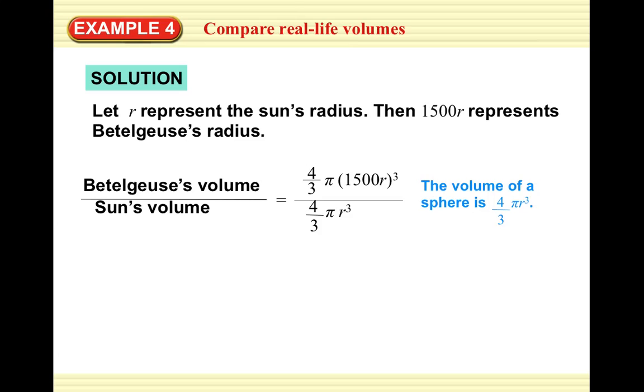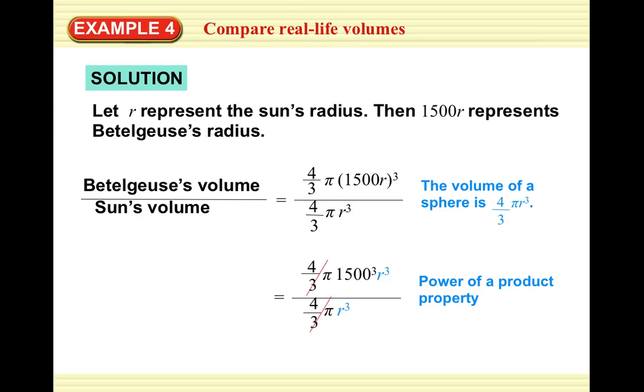Now I notice that I have 4/3 pi in both the numerator and the denominator, so in my mind I'm already canceling that away. But first we do want to simplify that cube, that third power that's on the outside of 1,500 r in the parentheses in the numerator. So we distribute the 3, so notice that the 4/3 pi has been canceled off in the numerator and the denominator. We have 1,500 to the third power times r to the third power over r to the third power.